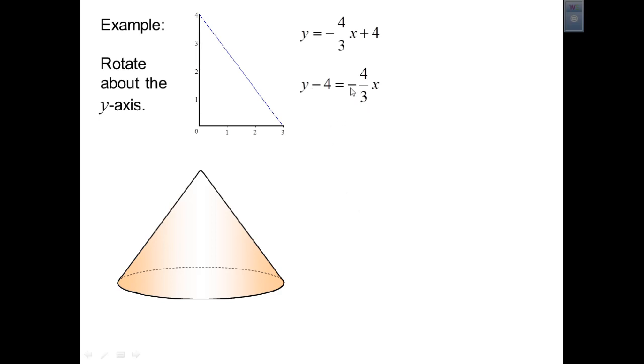So y minus 4 equals negative 4/3 x. We've got to solve for x since we're rotating around the y-axis. So dx dy is negative 3/4.